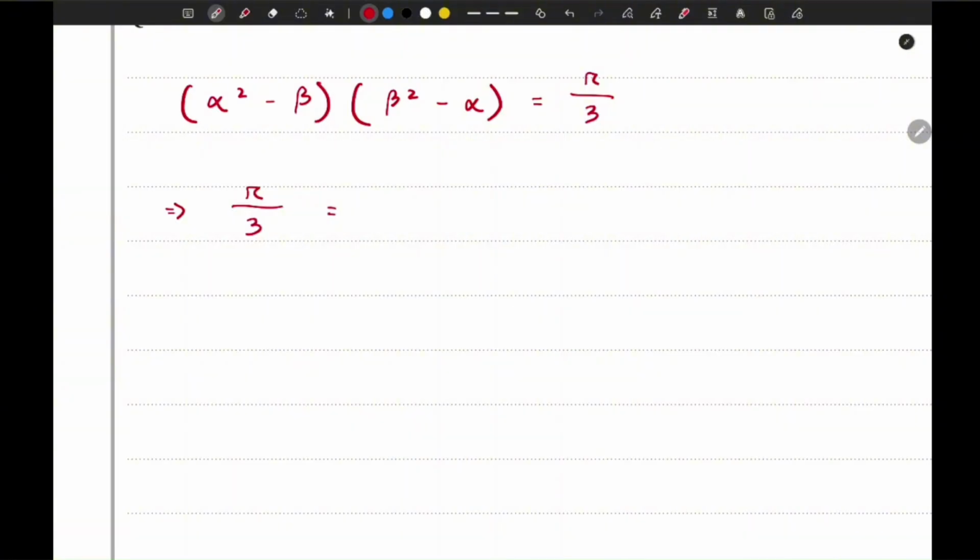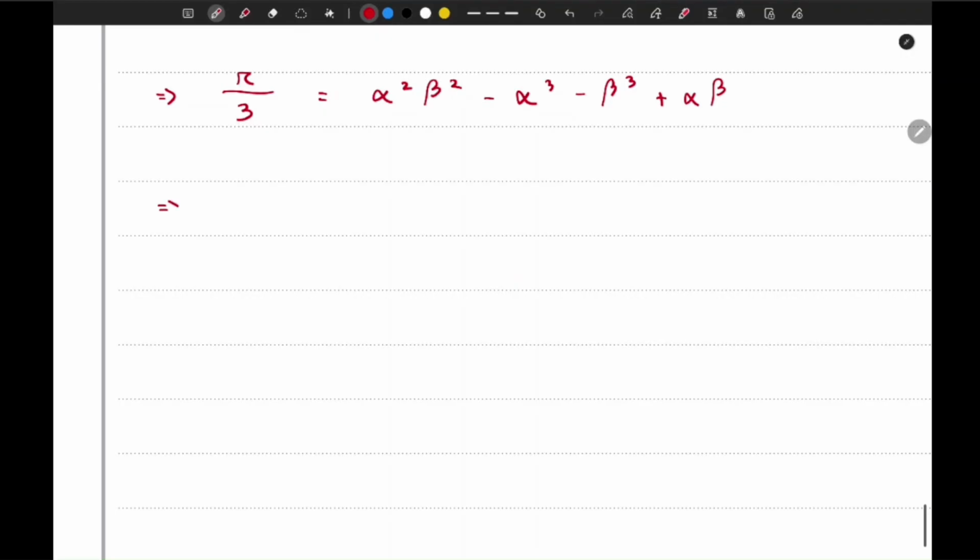Now let's multiply this. So it's alpha squared beta squared minus alpha cubed minus beta cubed plus alpha beta. And we can write this as alpha squared beta squared plus alpha beta minus alpha cubed plus beta cubed.